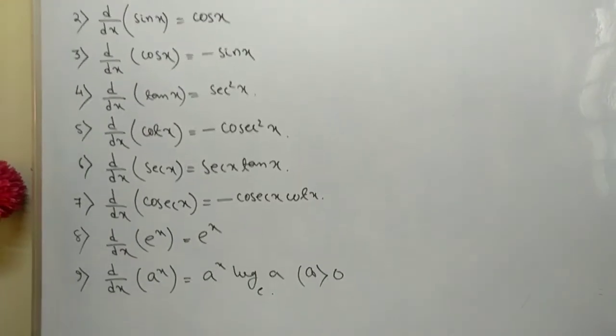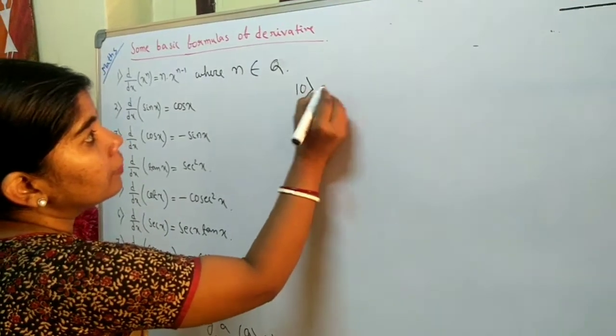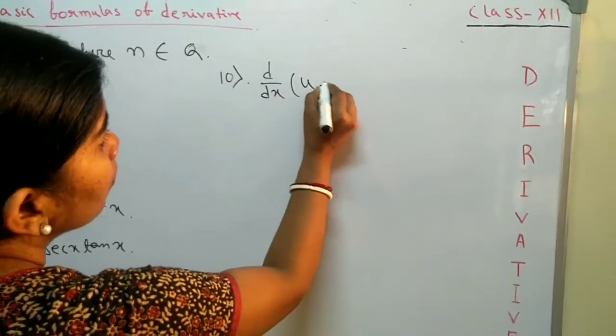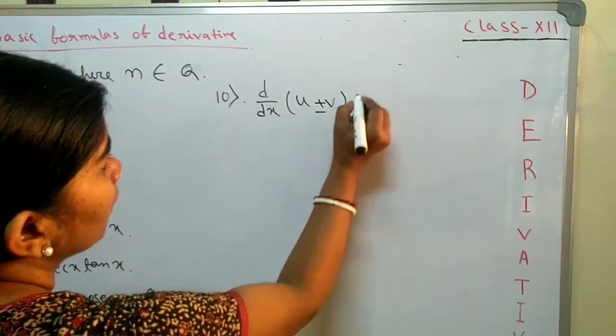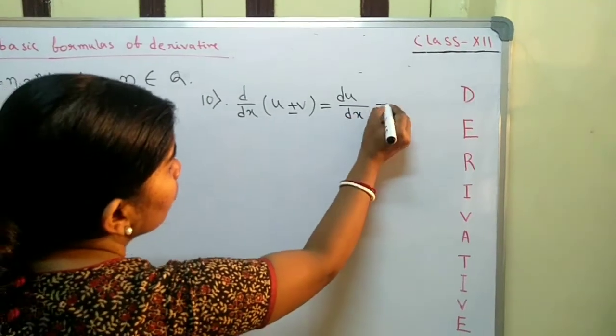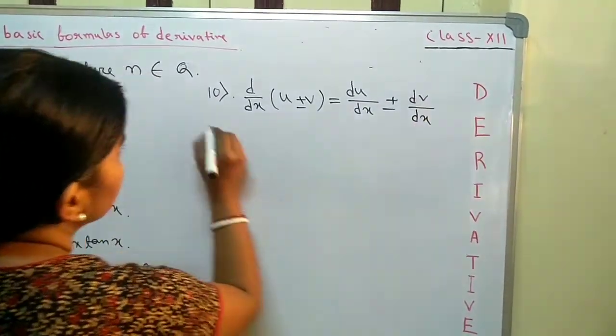Number 10: d/dx of u plus or minus v equals du/dx plus or minus dv/dx.